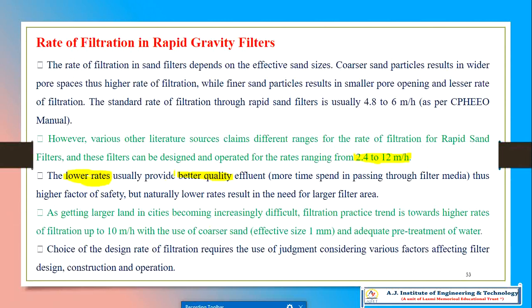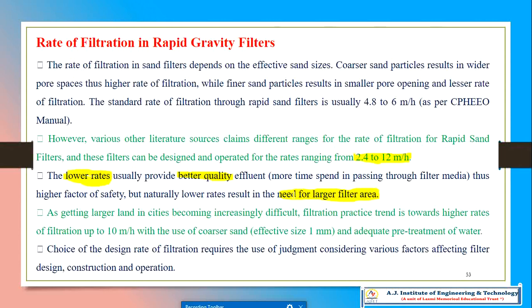See here, the lower rate usually provides better quality, but the time required is more, thus a higher factor of safety. Naturally, lower rates need a larger filter area, because if the lower rate is there, then the area should be more so that we can handle a high volume of water.